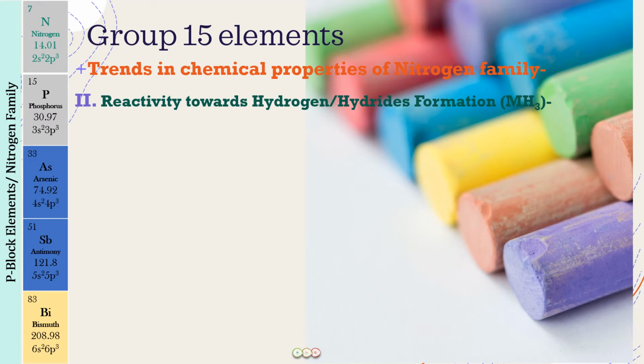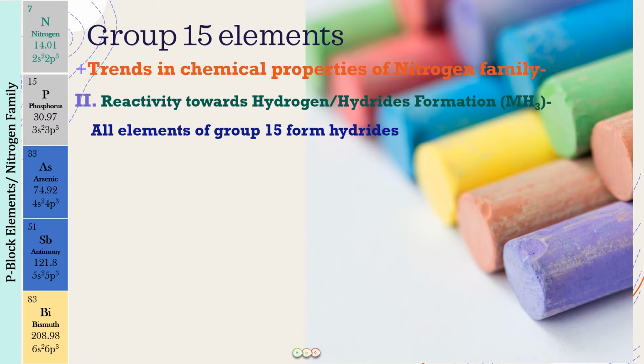This is what we have learned in the previous lecture. All right, so building upon that, we are going to understand today about the hydrides. All the elements of group 15 are going to form hydrides because all of them can exist in the -3 oxidation state. So we will be talking today about, first of all, the structure of these hydrides.